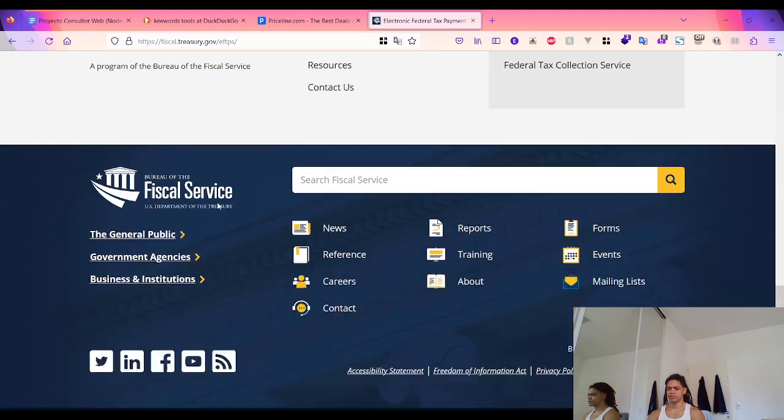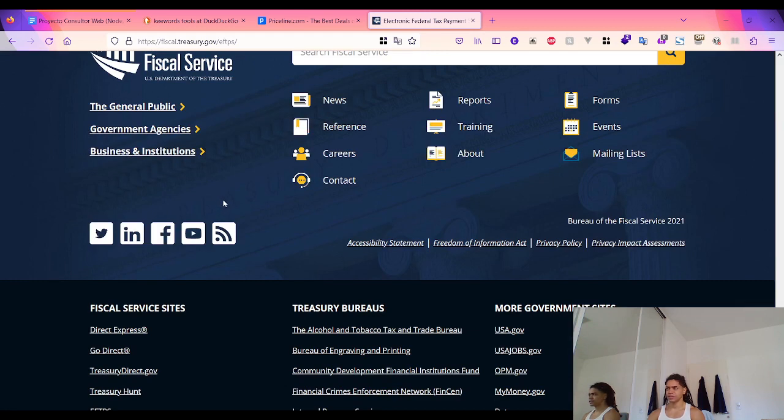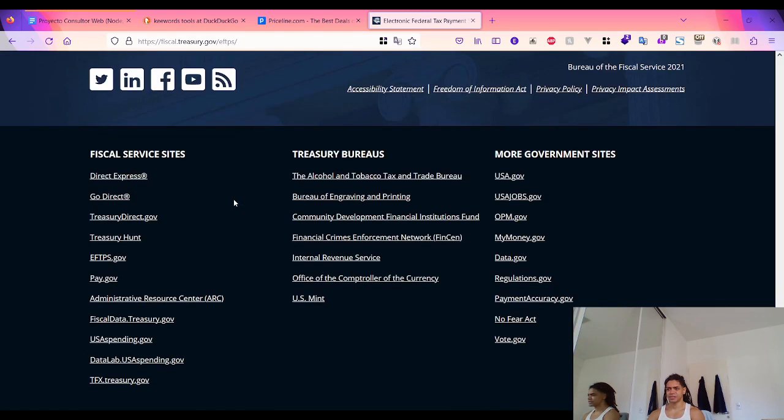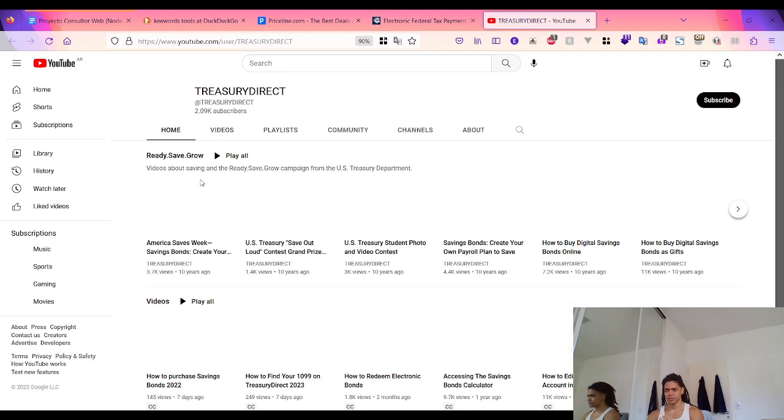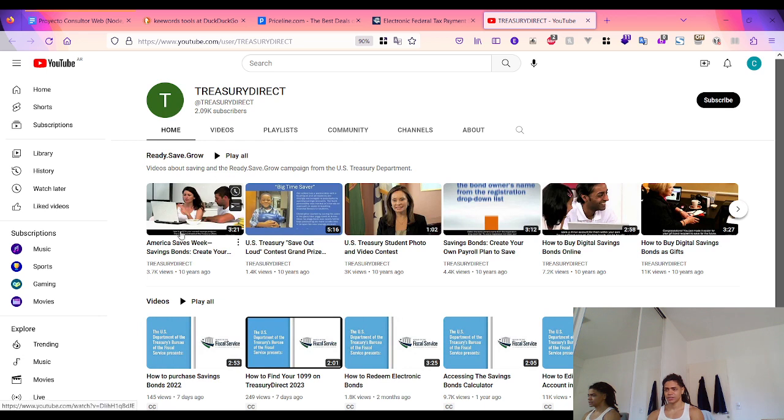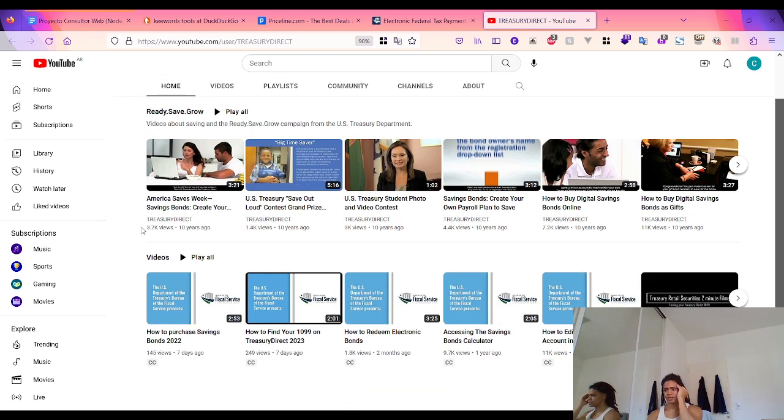And their website sucks. It's a government website. It's another government website. Interesting. Treasury Direct. What? What is this? Oh my god. How to purchase savings bonds. How to find 1099. How to redeem electronic.